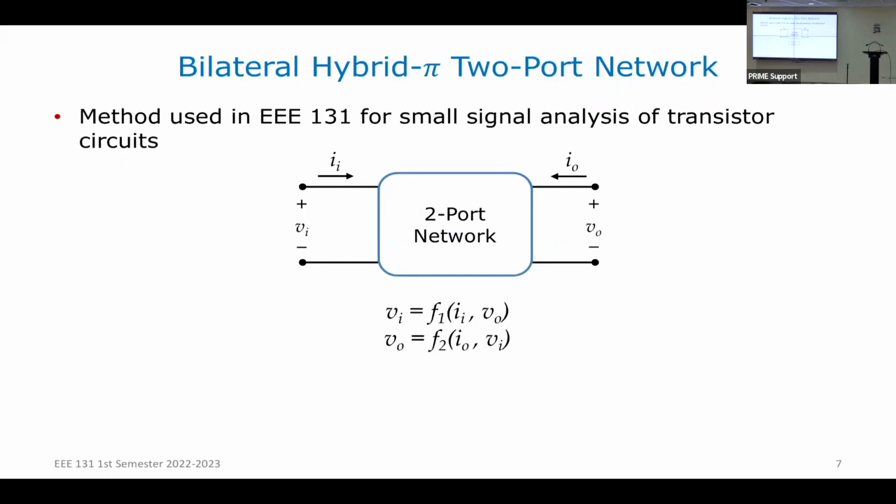So it appears here that this is your dependent, no? Pero pag tinignan naman natin dito sa expression sa VO, lumalabas yung VI, no? So hindi talaga malinaw, okay, what are your independent and your dependent variables? That's the nature of the bilateral hybrid pi two-port model, no? The important thing is you express VI in terms of your input current and output voltage, and you express VO in terms of your output current and input voltage.